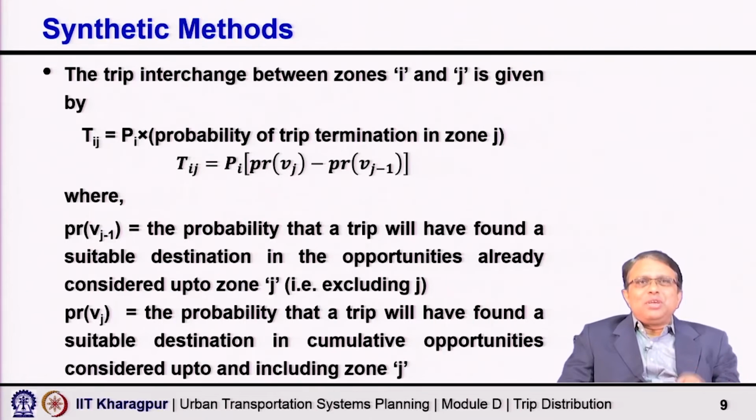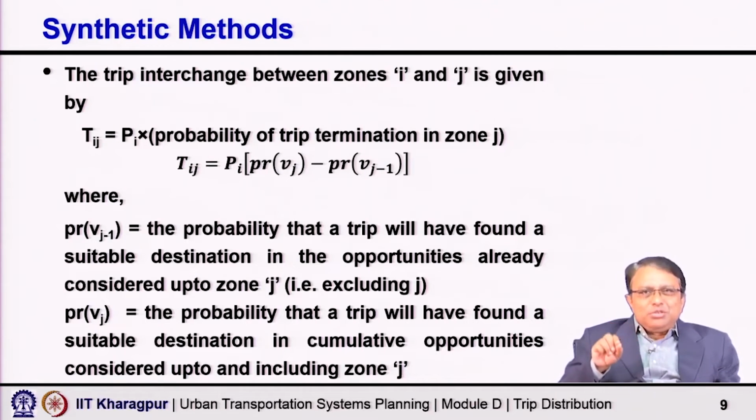Now, the trip interchange between I and j is given by this formula: T I j equal to P I, total trips produced in zone I, into the probability that a trip termination will happen in zone j. Now, we are no more talking about V or dV, but we are talking zone j. Exactly in the same way, you can think of dV as a small band, or a small ring away from the production zone I. So, what is the probability of trip termination in zone j?